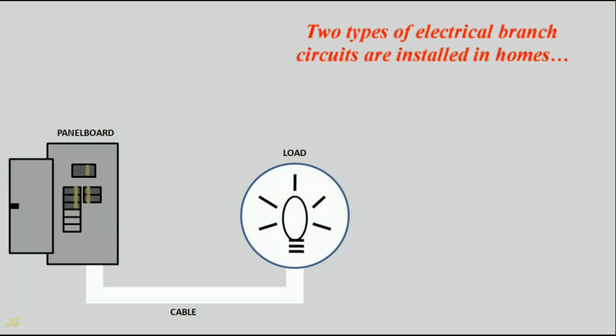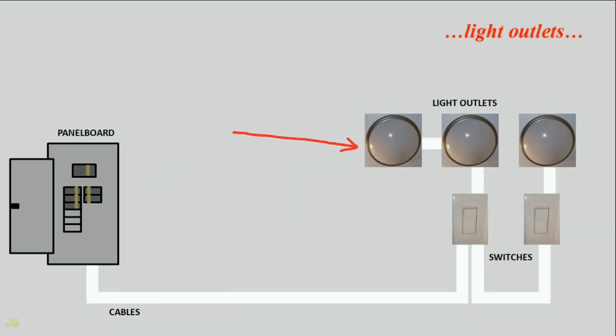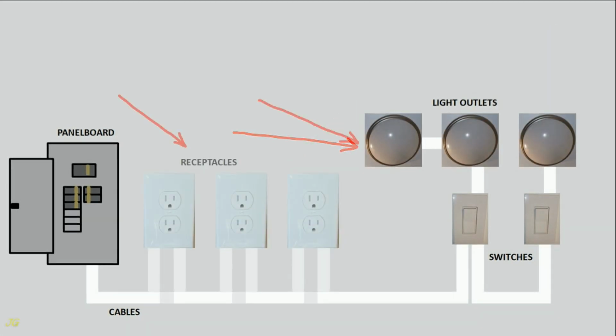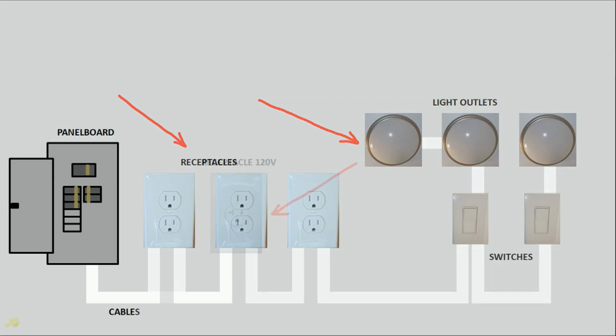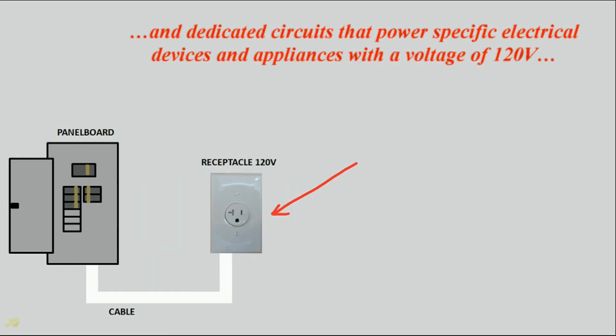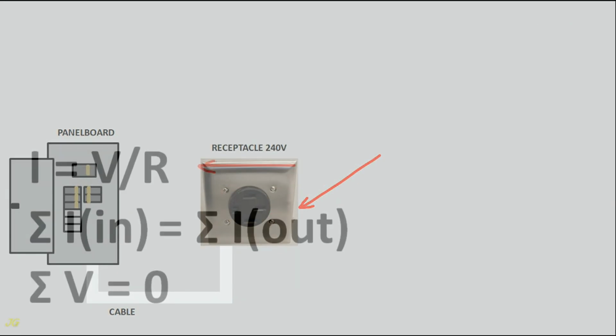Two types of electrical branch circuits are installed in homes. Lighting circuits that power receptacles, light outlets, or both with a voltage of 120 volts, and dedicated circuits that power specific electrical devices and appliances with a voltage of 120 volts or 240 volts.